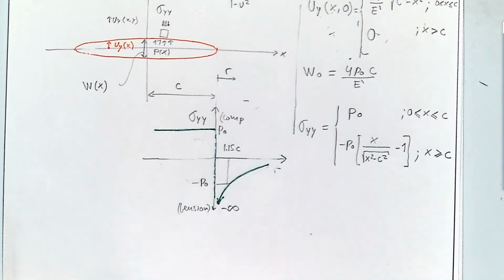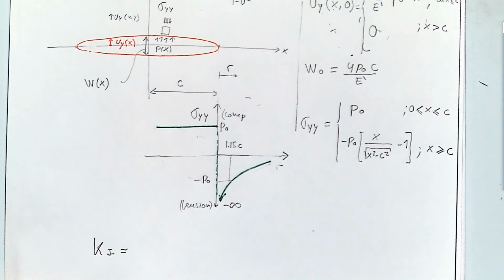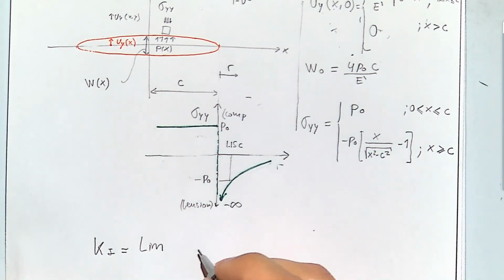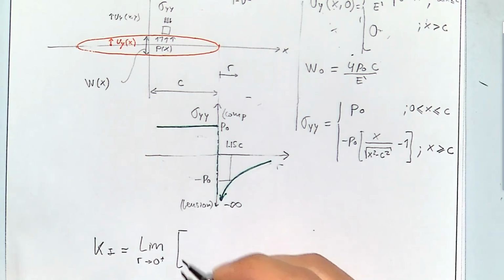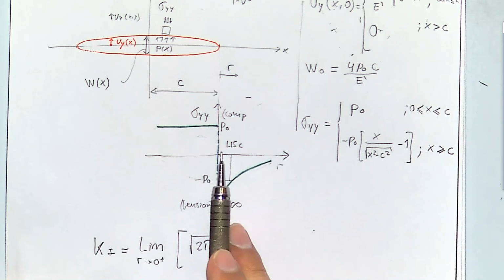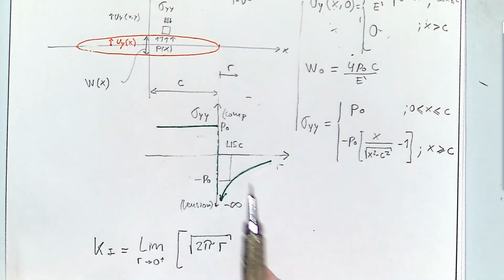K_I, and I'm going to explain also what the Roman number means, is going to be defined as the limit of, I'm going to explain what this r means in a minute too, of the product of square root of 2 pi r, where r is the distance from the tip to whatever position you're looking at.